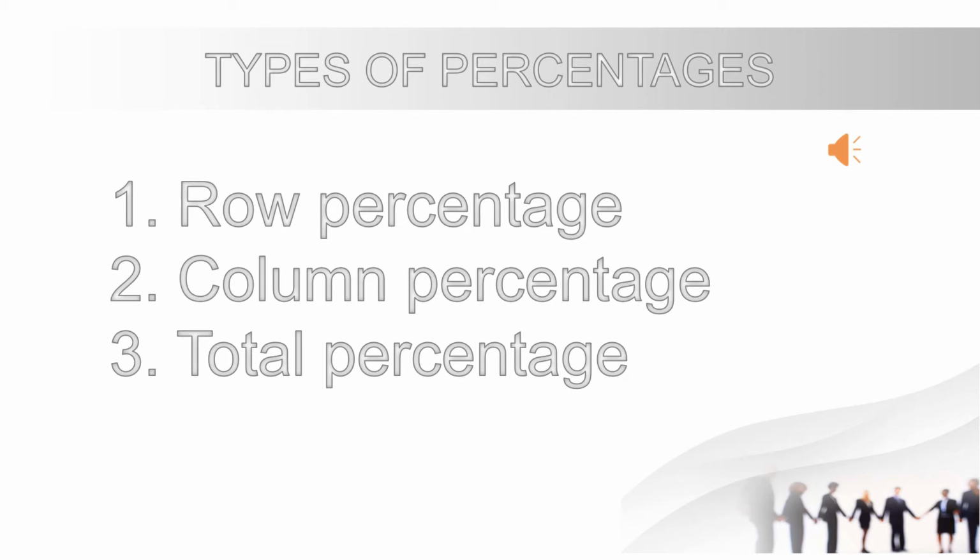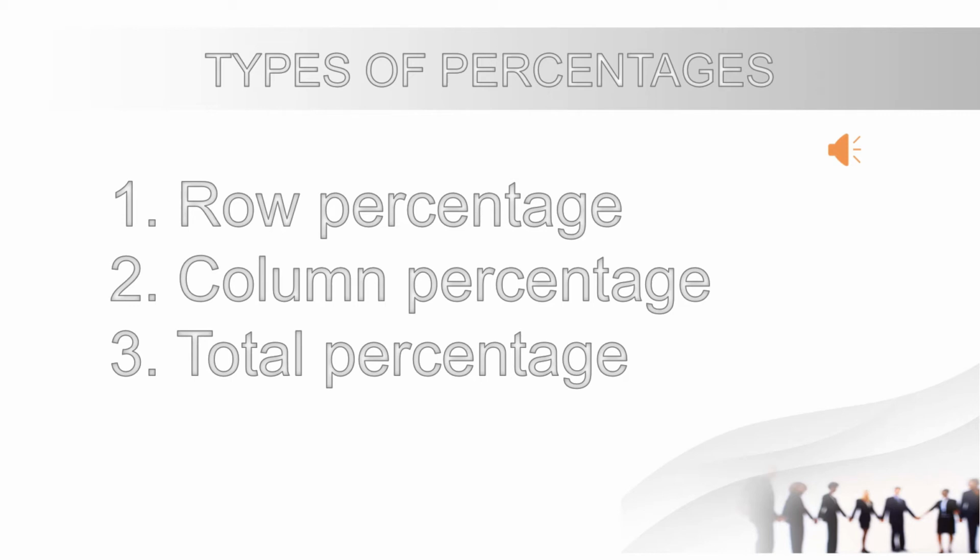In this bivariate presentation, under the attitude towards uranium mining, you can see that there is a specific age bracket and a specific percentage. When you look at the at sign, you can determine that this is a row percentage.